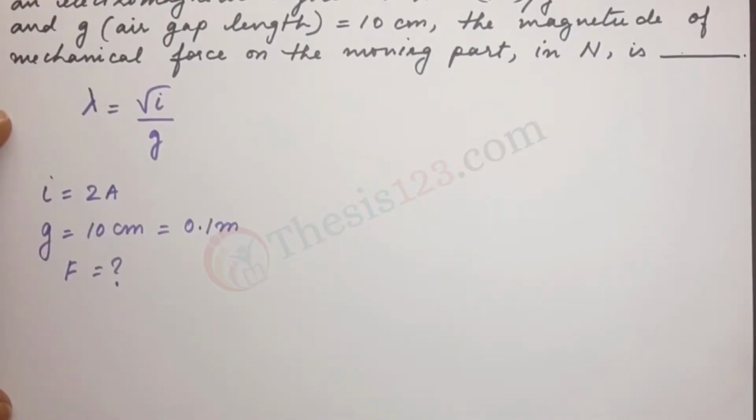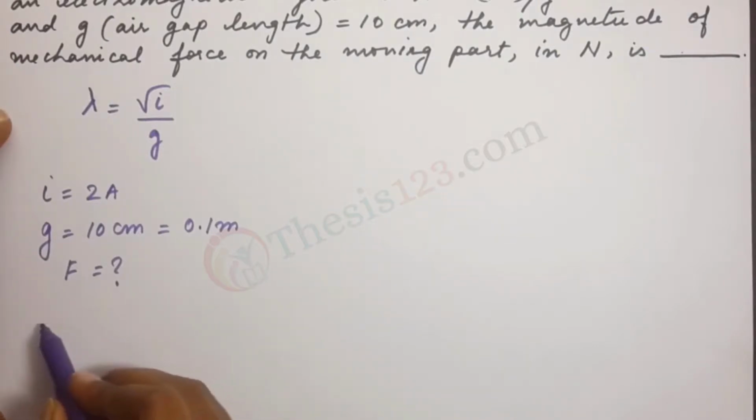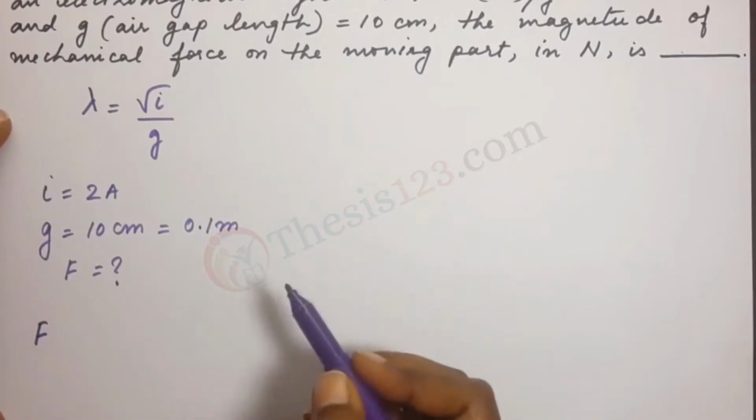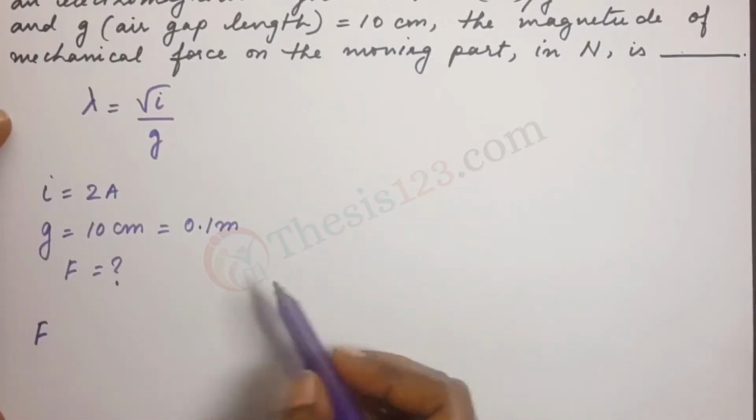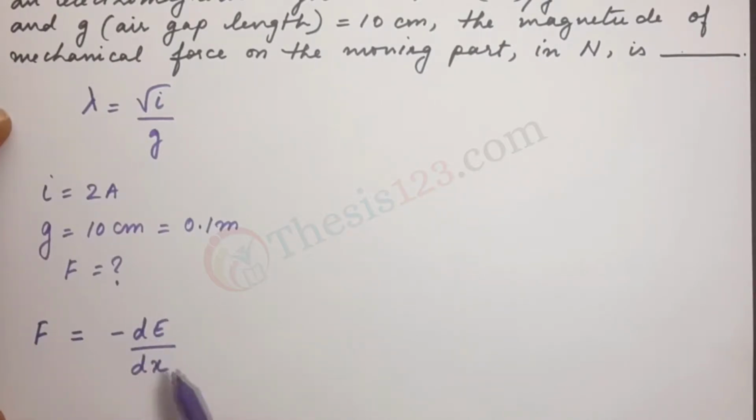Alright, so now first we would have to evaluate the energy, because the force in an electromagnetic system is equal to minus dE by dx. Now this is an important relation.